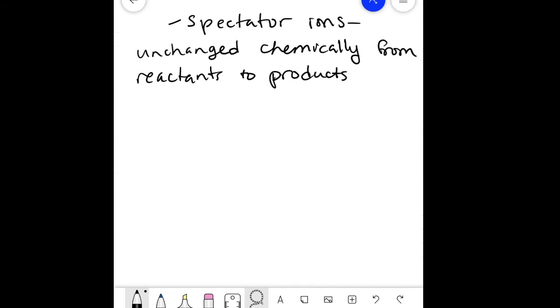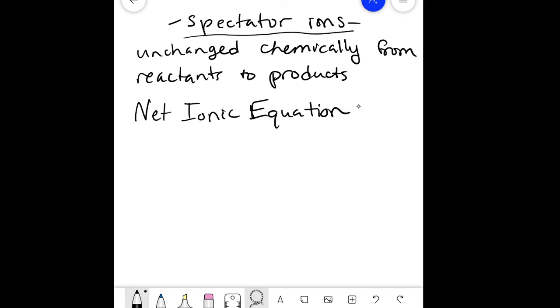And then once you get rid of all your spectator ions, you'll be left with the net ionic equation. And if you've done your Chapter 7 OWLs, this is what the OWLs wanted. They just wanted, without the spectator ions, what was happening in it.